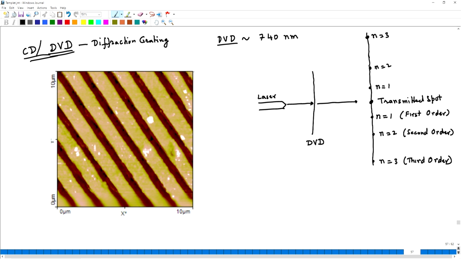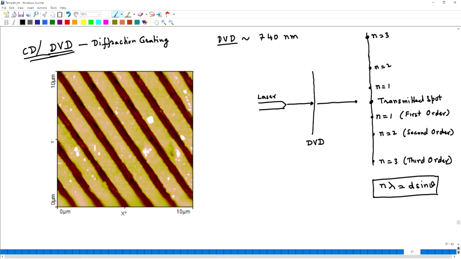You will keep getting many spots as long as this equation n lambda equals d sin theta remains valid. Eventually you reach a value of n for which this equation can no longer be valid, because for that sin theta will have to become greater than 1.